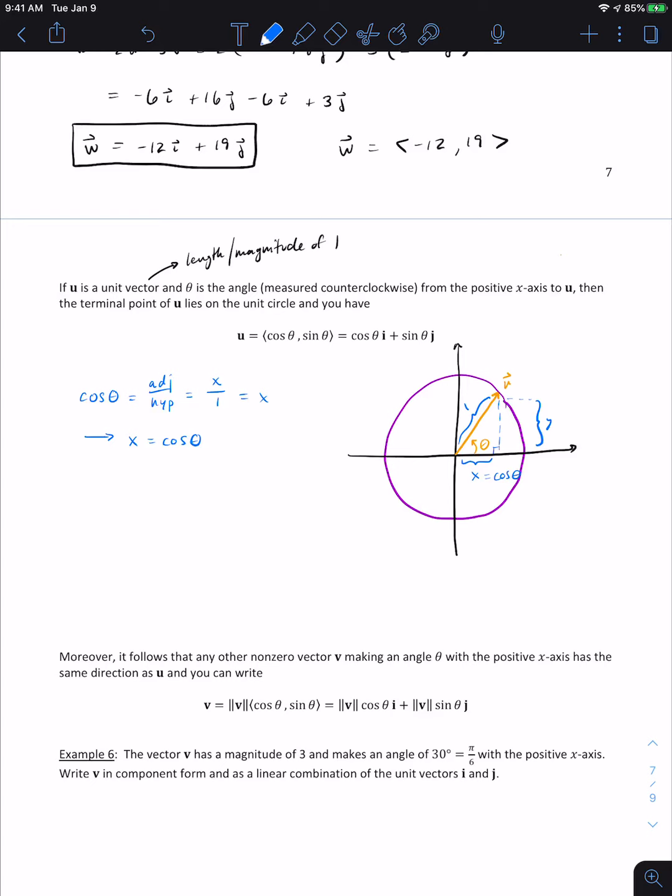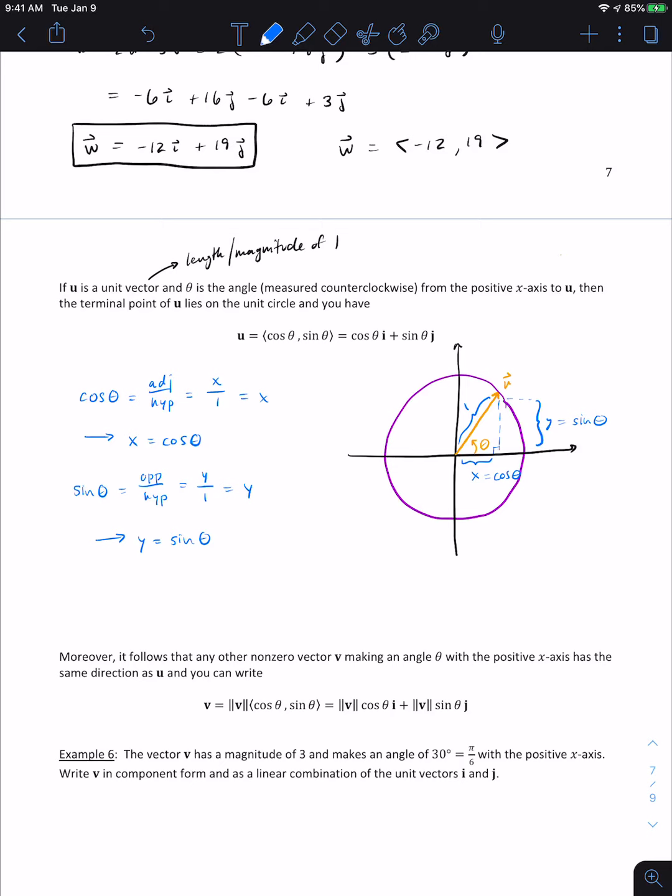Right? And now let's find y, and we'll do that by looking at sine. So sine is equal to the opposite over the hypotenuse, which is equal to the opposite, y, over the hypotenuse, which is 1. So again, I get y. So I figured out that y is equal to sine of theta, right? So this distance is sine of theta.